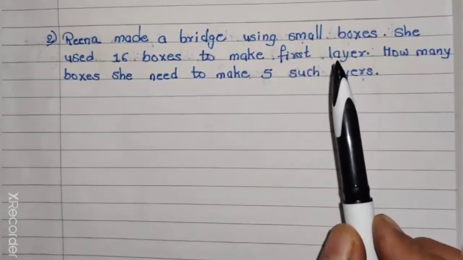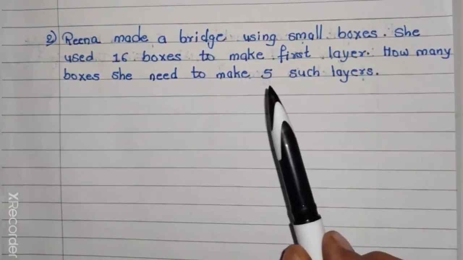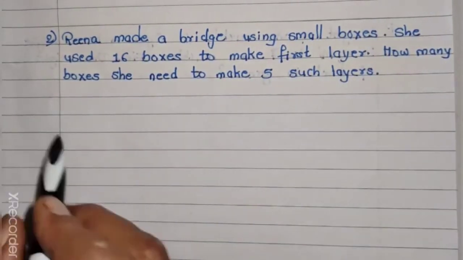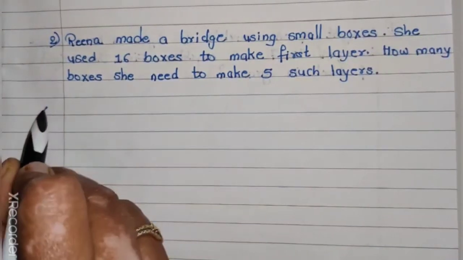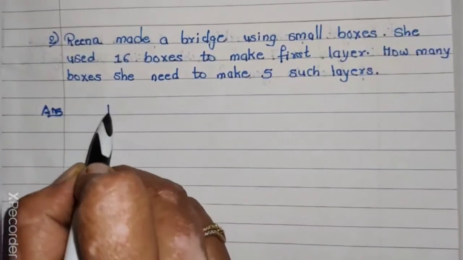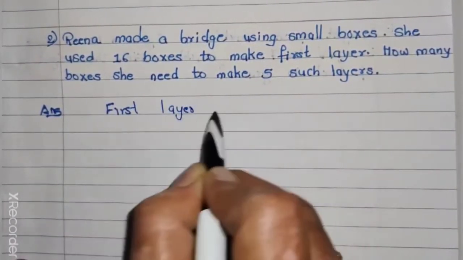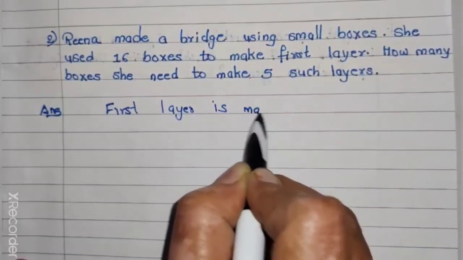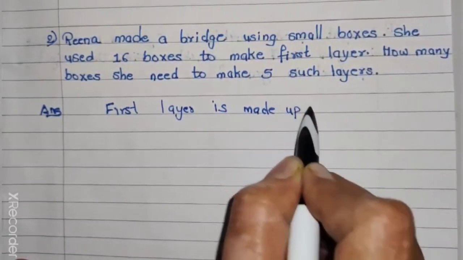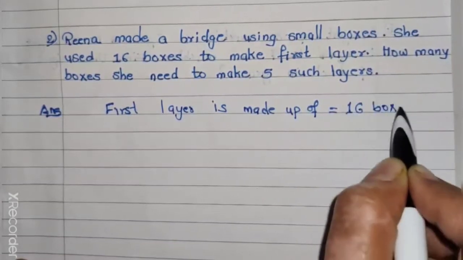Now for one layer, she needs 16 boxes. So for 5 layers, Reena needs how many boxes? We are going to find it out. So let us solve it. We will write first layer of bridge is made up of 16 boxes.